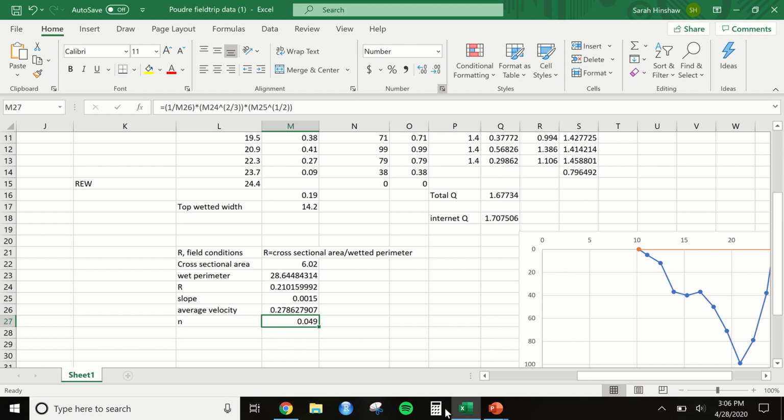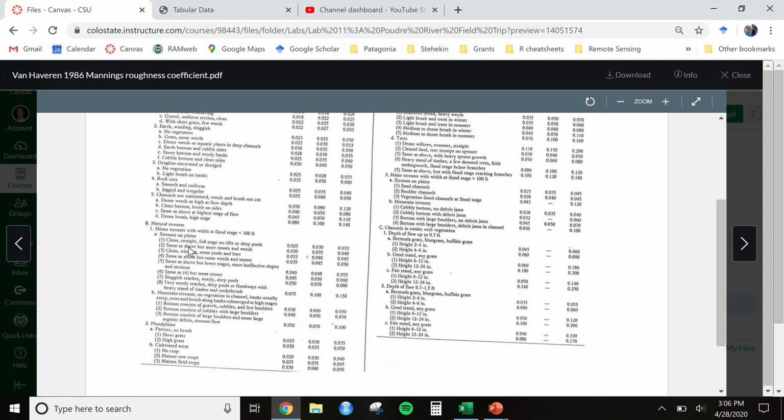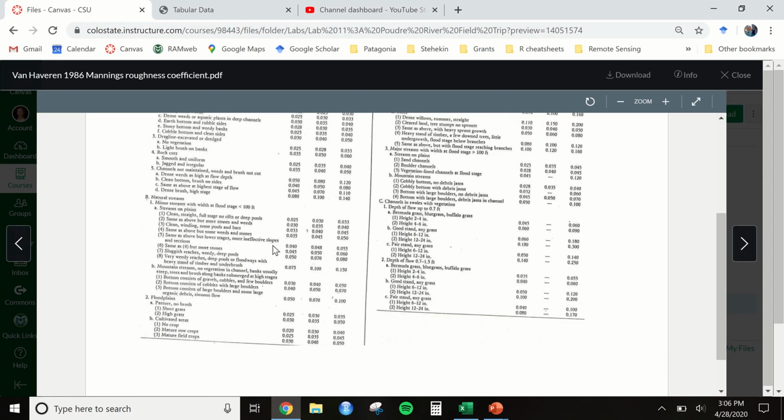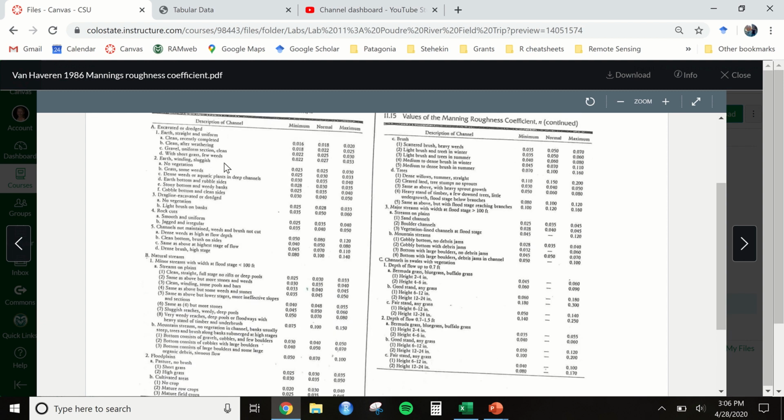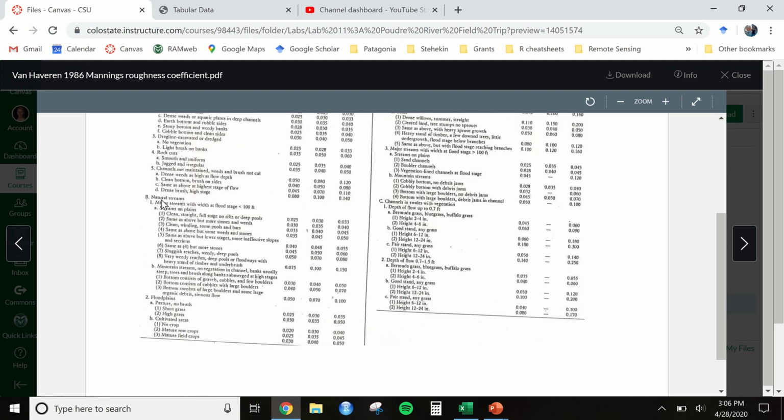Does that make sense? Now I'm going to go to Van Haveren, which I have pulled up here, and let's see if I can find the best description of our stream. So we don't have an excavated stream. It's a natural stream. This is a mountain stream. We're in the Poudre Canyon.